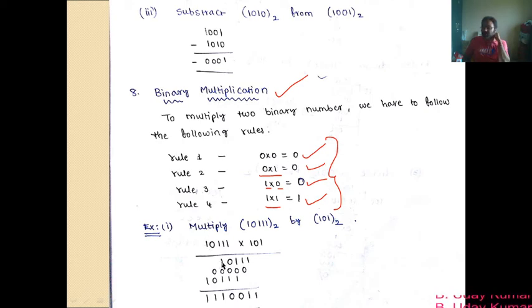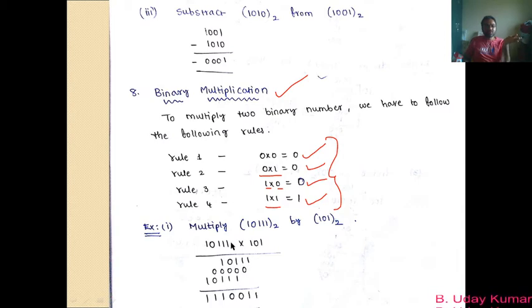This is how you multiply the entire number with the first 1. The next digit in 101 is 0, and this 0 has to be multiplied with the entire number 10111. When the entire number is multiplied with 0, you only get zeros.